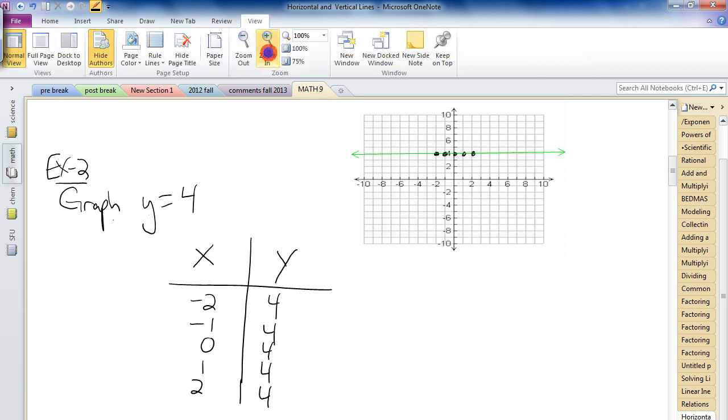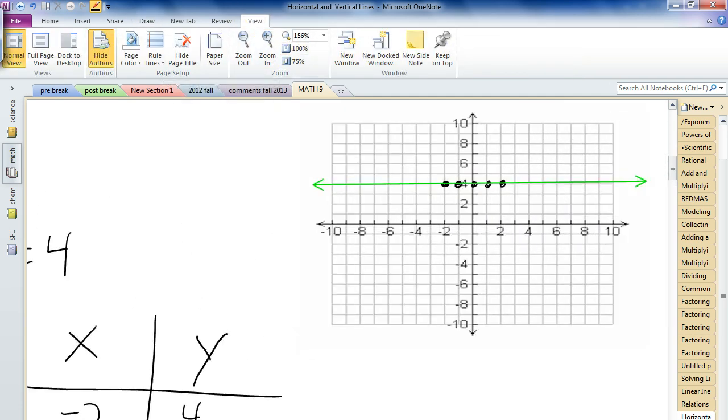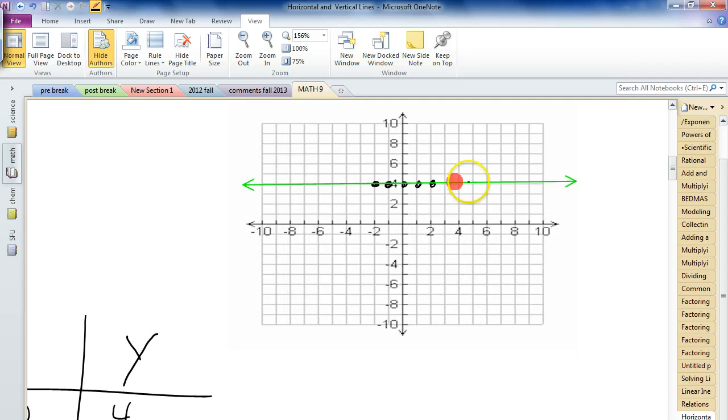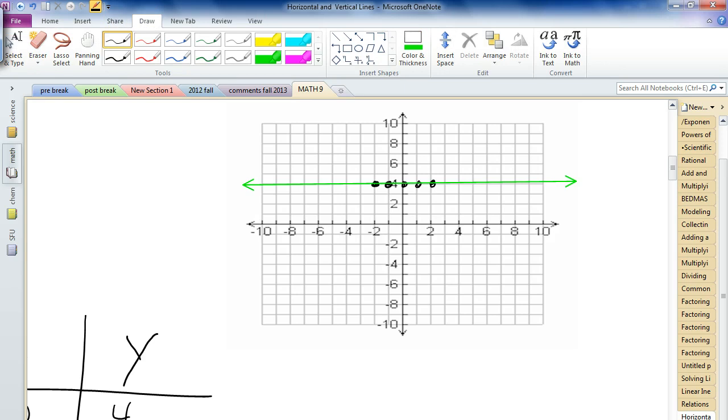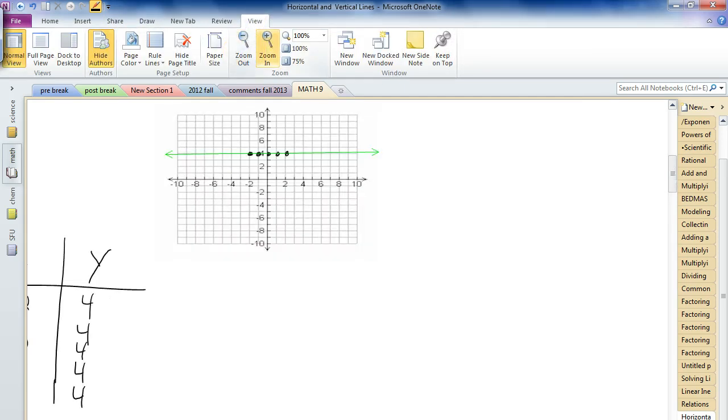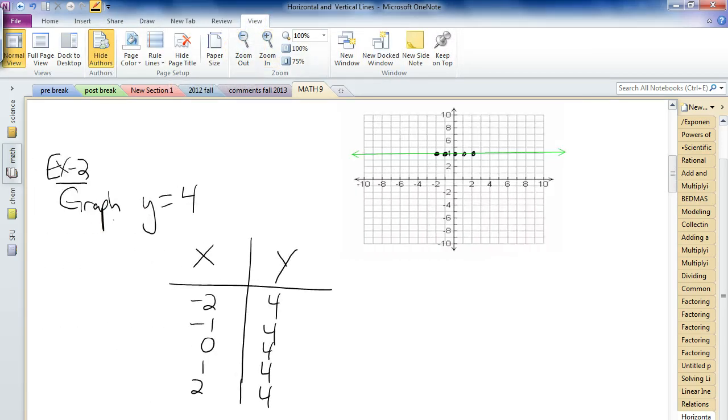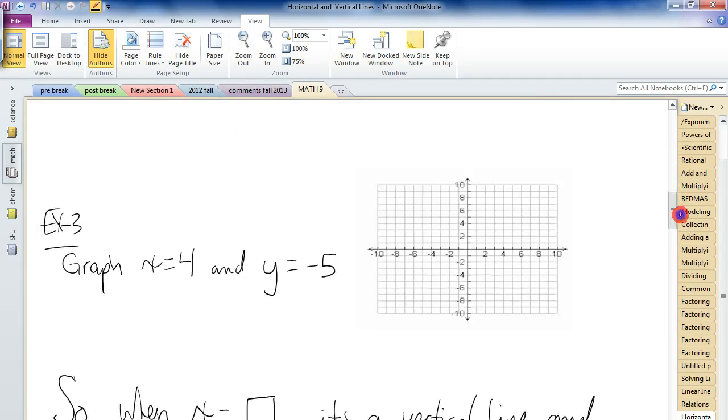I'll zoom in to show it to you. There is y equals 4, a flat line with no slope whatsoever. A horizontal line. Now some of you are thinking, I think I already got this. There's a trick to this, isn't there? And there is. You don't have to make a table of values each time.